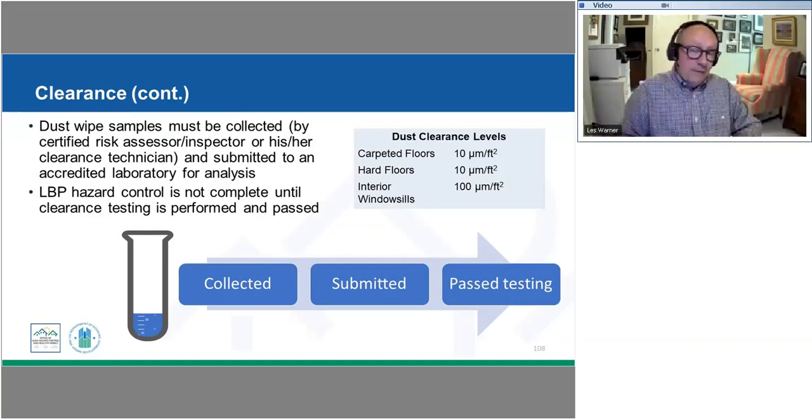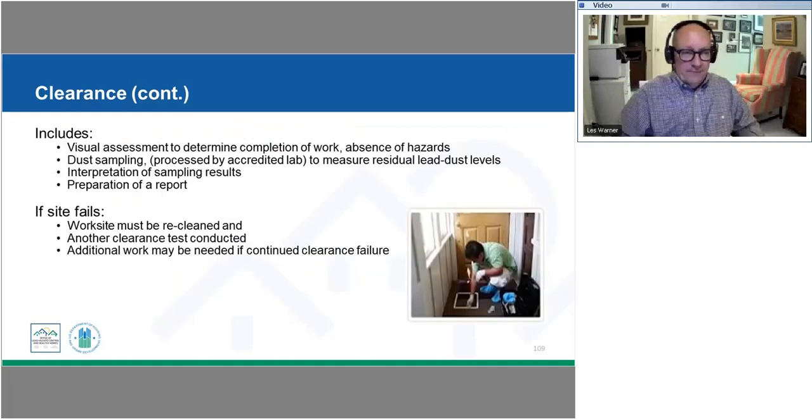As I mentioned, if any of our samples fail to meet that, we're going to send them back to do another cleaning, and then we're going to resample. It's not that uncommon to have that happen, where we find in some area that there's a little bit more cleanup that needs to be done, but it's not done until we've met that, and we're not going to pay them until they have brought that down to acceptable levels.